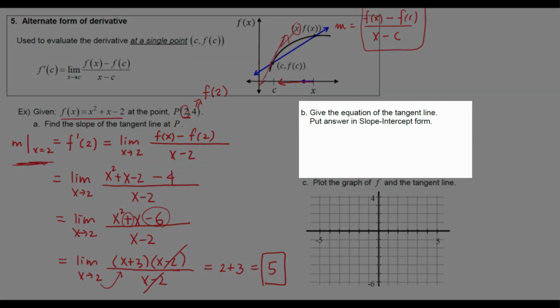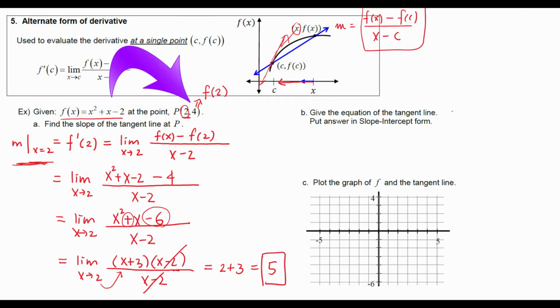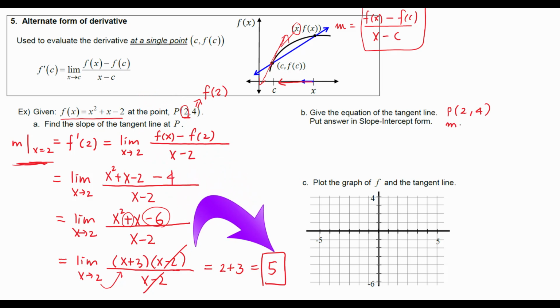Give the equation of the tangent line and put the answer in slope-intercept form. Okay, so now I have the point (2, 4) and the slope, which you found, is 5. Point-slope form of a line is y minus y1 equals m times x minus x1.